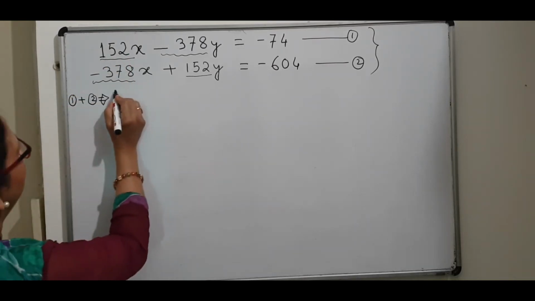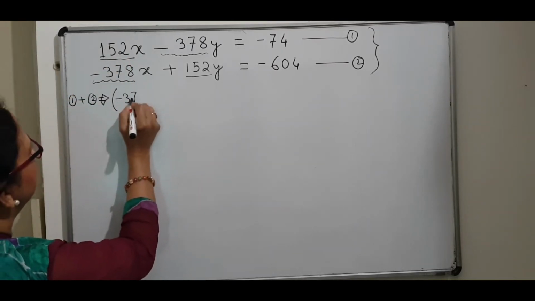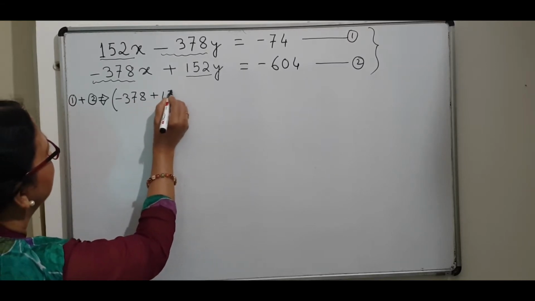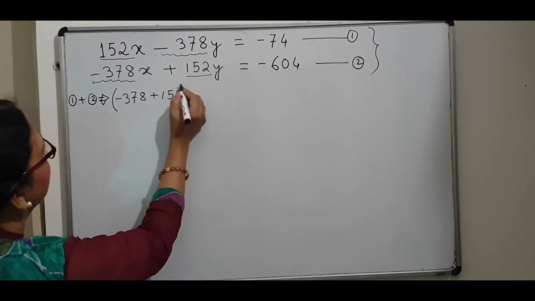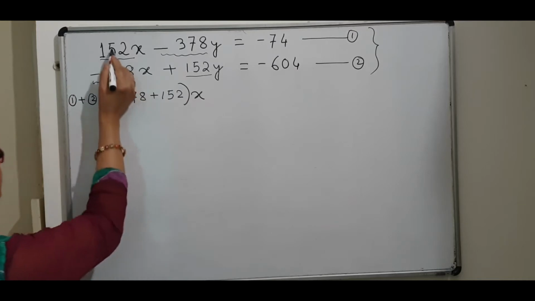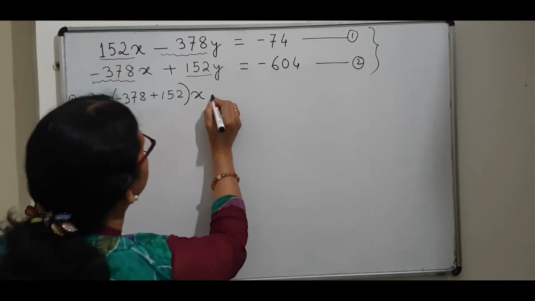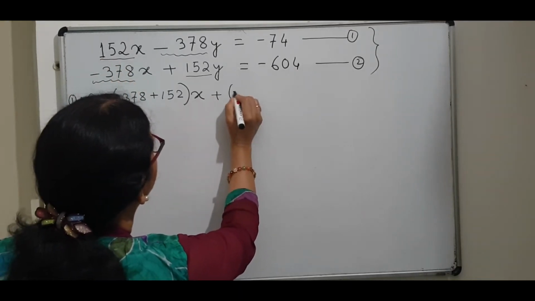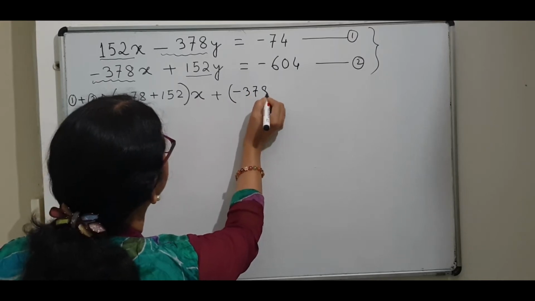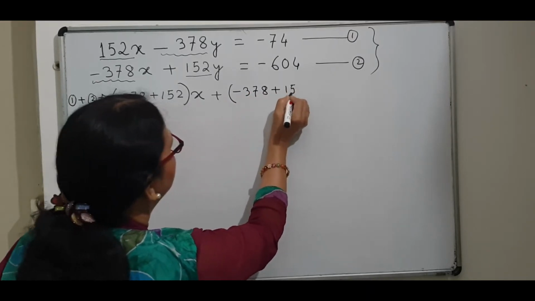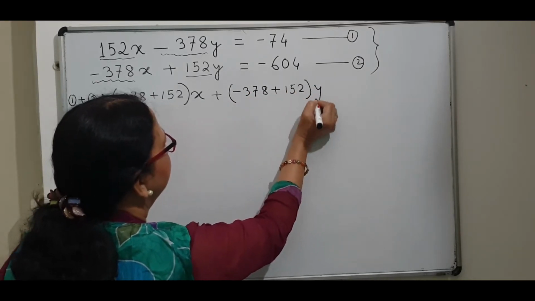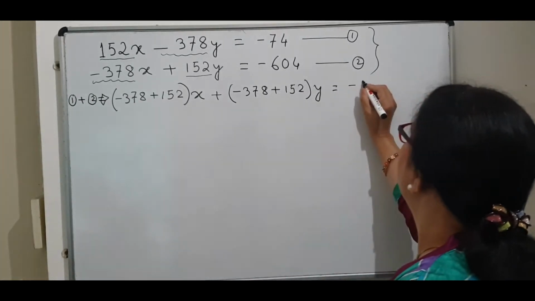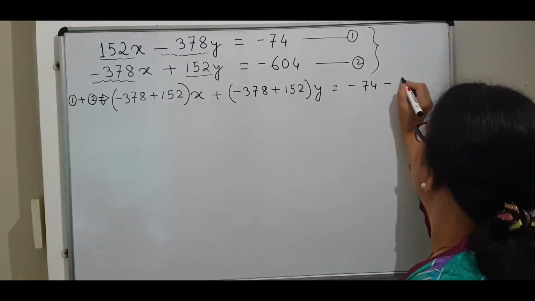Let me write minus 378 plus 152. I'm adding these coefficients. Then minus 378 plus 152 into y. Then minus 74 minus 604.